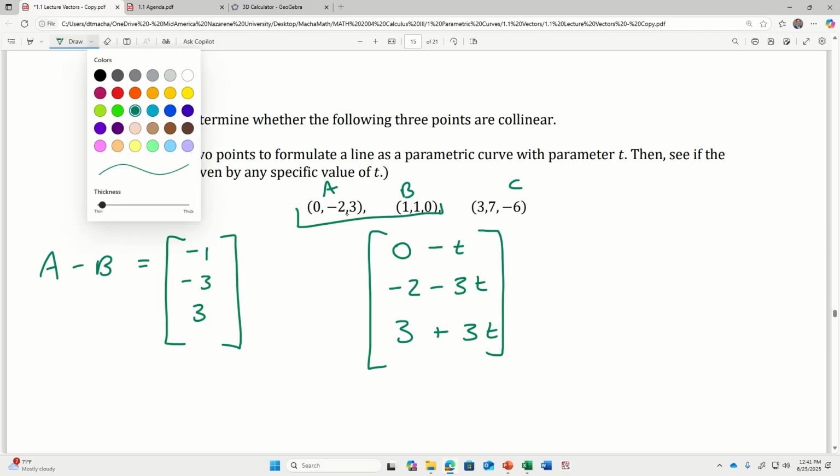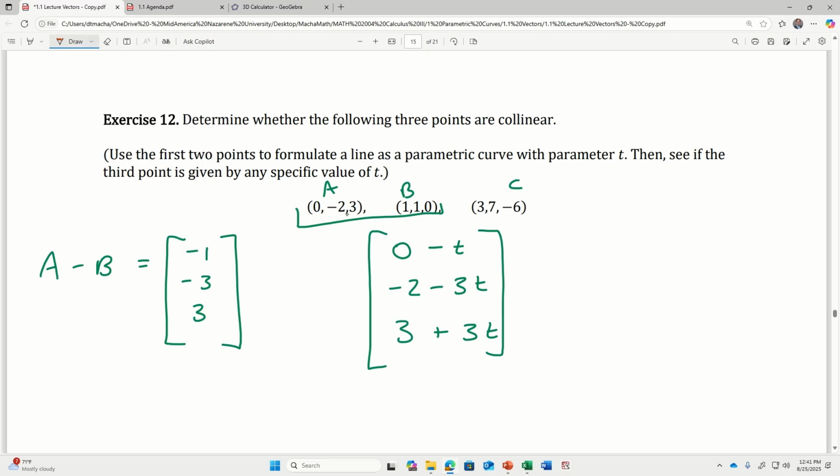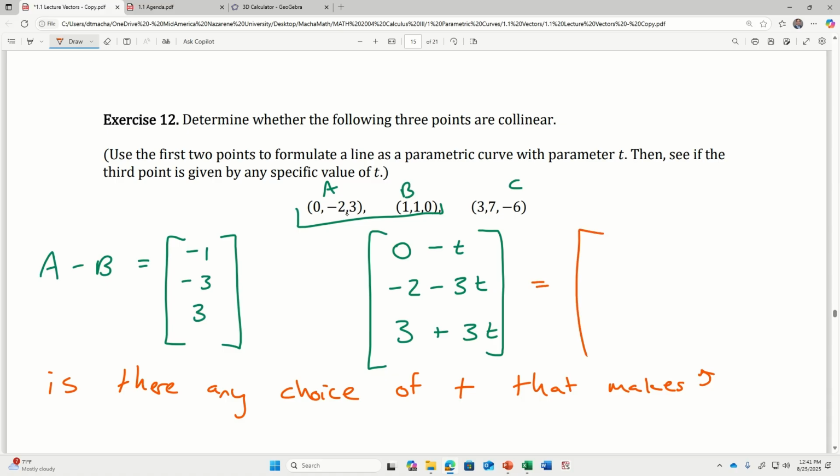And the question is, is there any choice of t that makes this line equal to this point? Because if that point C lies on that line, then you should be able to choose a value of the parameter that gets you there.